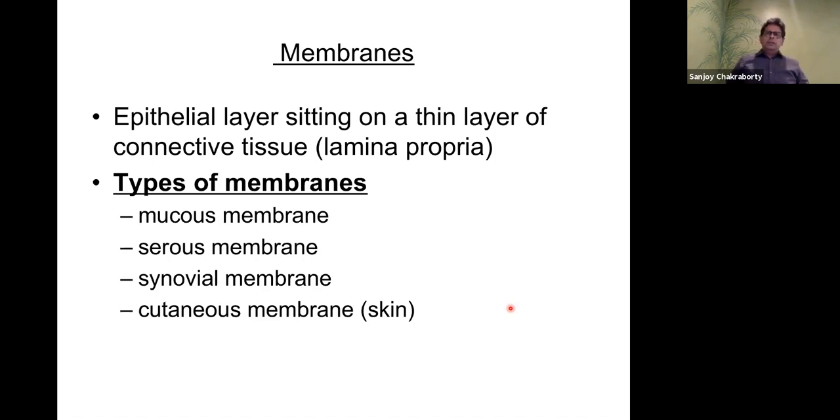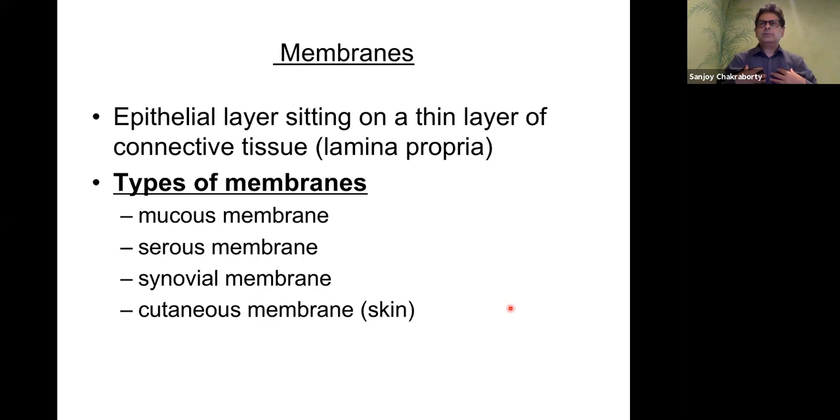So my liver is going to hit the stomach, the stomach's going to hit the pancreas, the pancreas is going to hit the gallbladder, and all these things are happening, but I don't really feel it. Why? Because the organs slide past each other very smoothly, that frictionless movement, because of the serous fluid. So serous fluid reduces the friction between two organs.